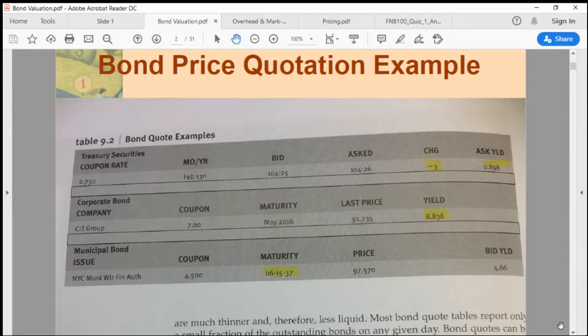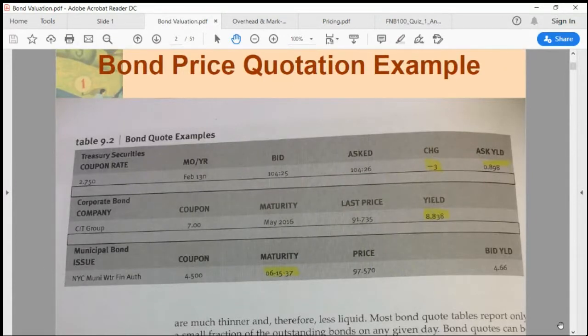Basically, corporate bonds have maturity longer than 1 year, and it can be up to 30 years as well. But generally, somewhere between 1 and 10 years is most frequently used and traded.